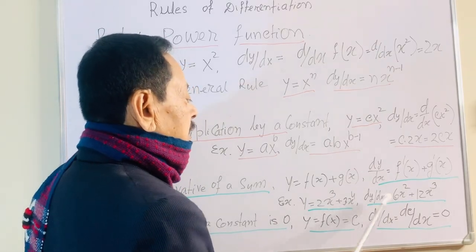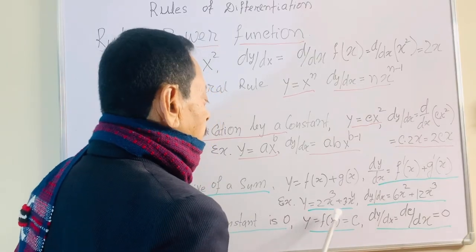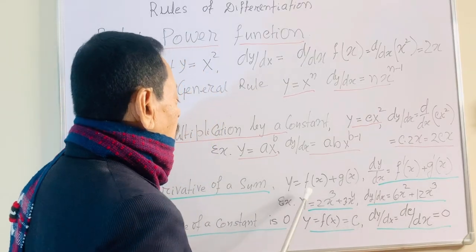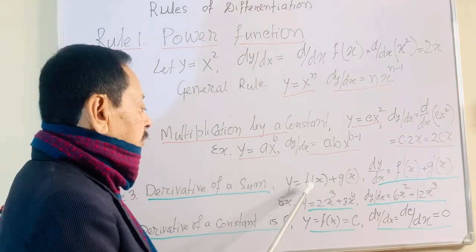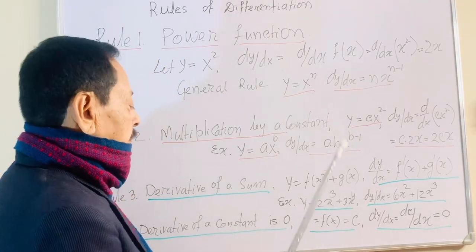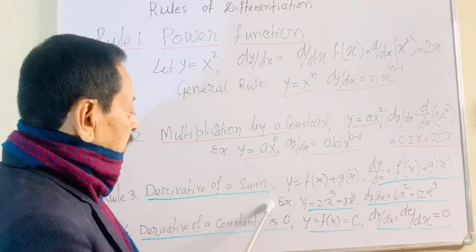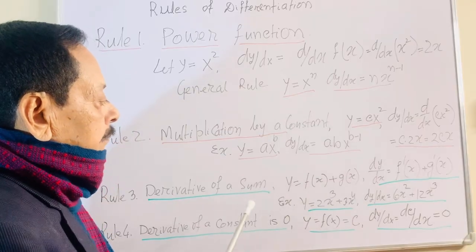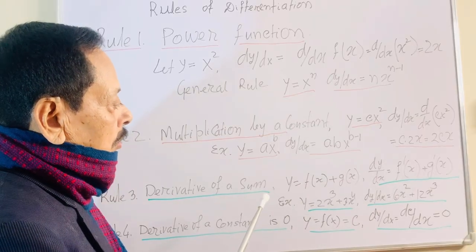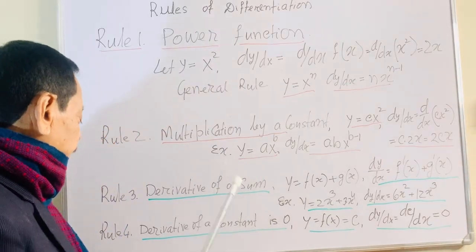Similarly here, 12x cubed. So in the case of a sum, we should differentiate term by term. Again, one can see this by binomial expansion, examining the difference quotient and limit.